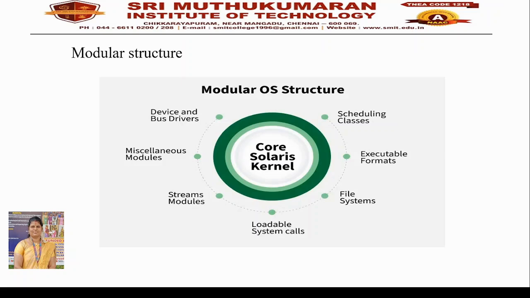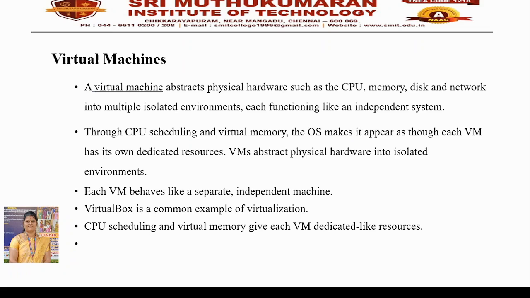Stream modules are used for input, output and networking. Miscellaneous modules are other supporting services, for example security and kernel utilities. A system call is the way for a user program to request services from the operating system. These all are the modular structure.